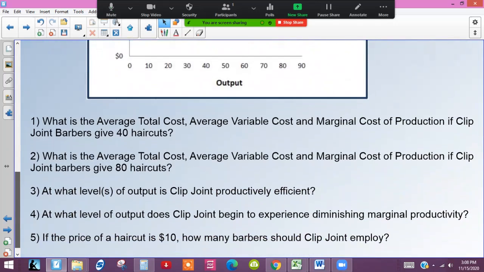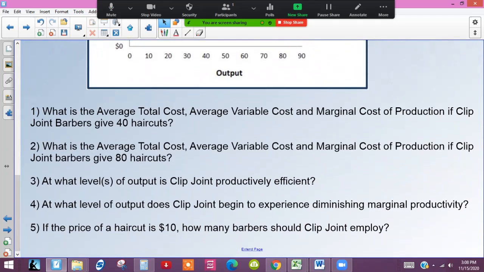And lastly, I'm asking you, if the price of a haircut was $10, how many barbers should Clip Joint employ?